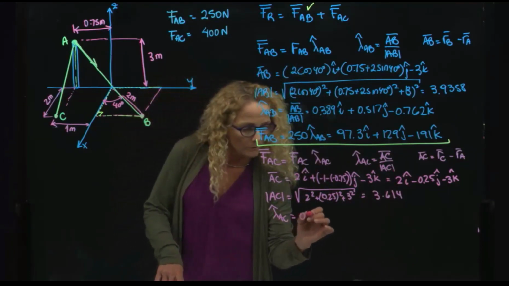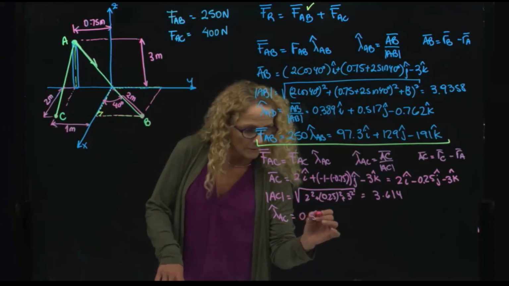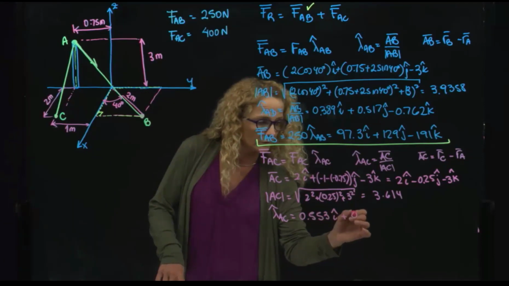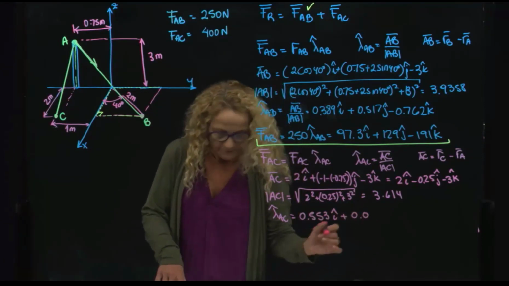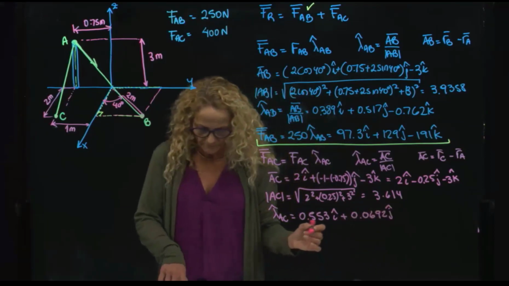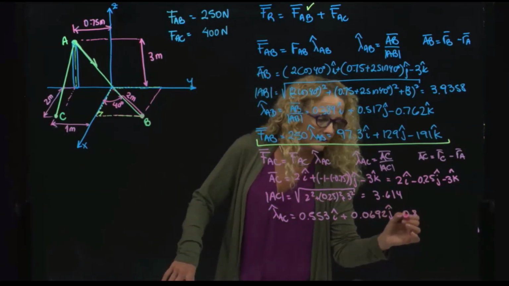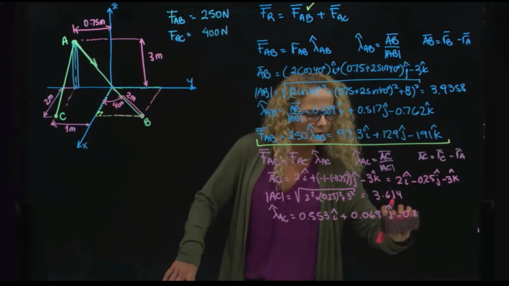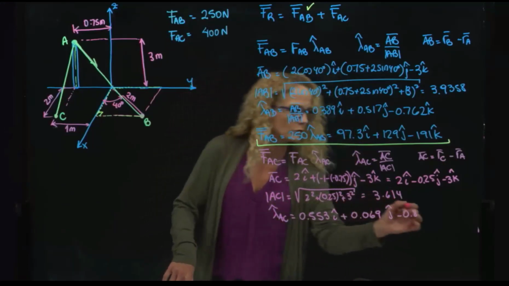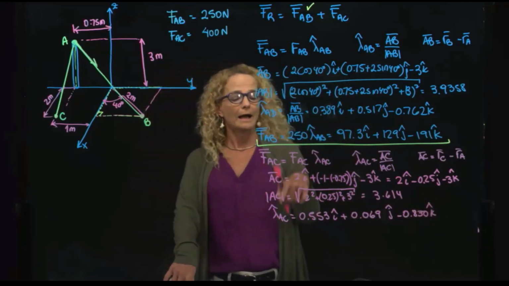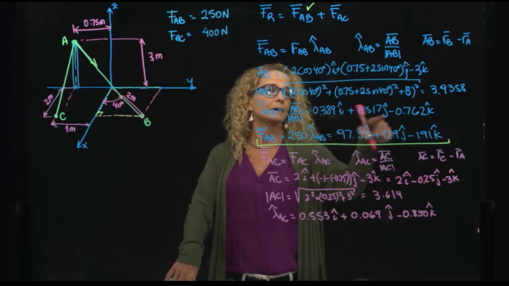So it's 0.553 in I plus 0.0692 in J minus 0.8. I'm using 3 decimals in each. Let me use 3 decimals. You just save the decimals in your calculator, please. In K.